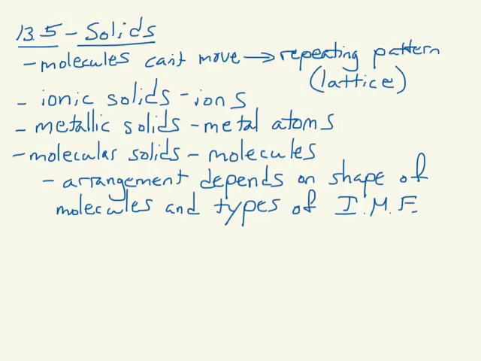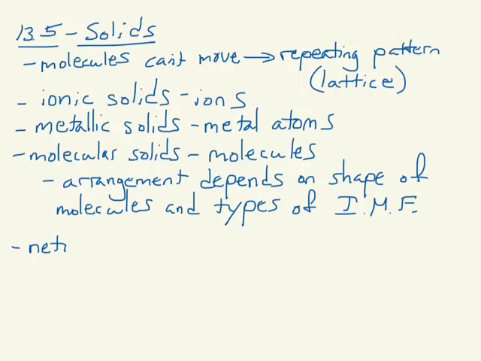Like whether or not a molecule is tetrahedral, which is a really common molecular solid shape, and then the strength of the intermolecular forces. Obviously the stronger the intermolecular force, the higher the melting point, higher boiling point, things like that.